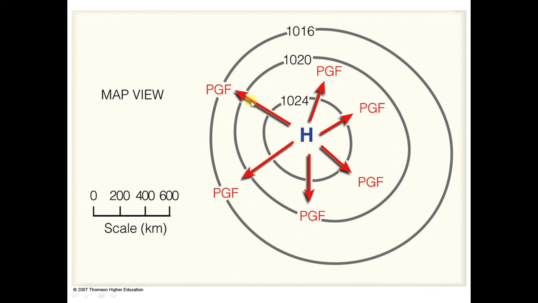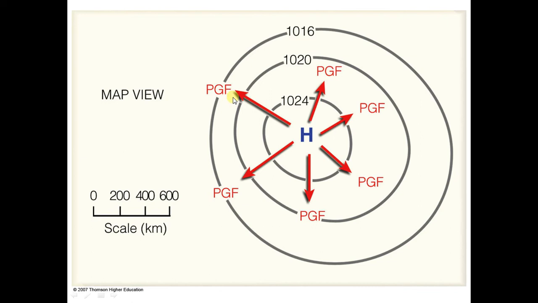Notice that if this direction is north, going from bottom to top, so this would be northwest. Going northwest, the pressure decreases faster than going southeast. Therefore, the pressure gradient force has greater magnitude.